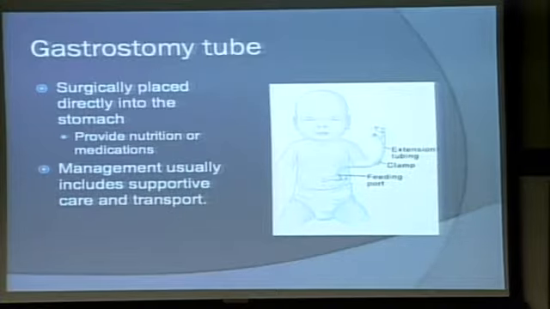Gastrostomy tube to provide nutrition or medications. Sometimes they'll get pulled out. Sometimes they'll get plugged. You don't push them back in. Usually it's just supportive care. Transport them and we'll put them in.